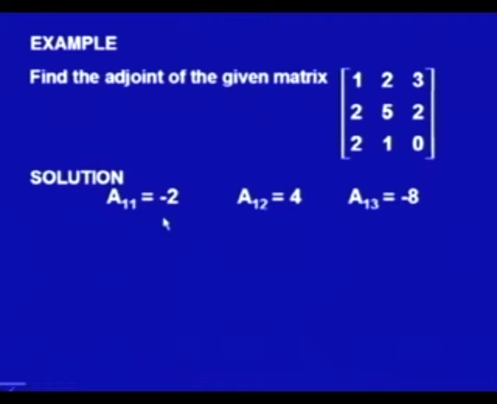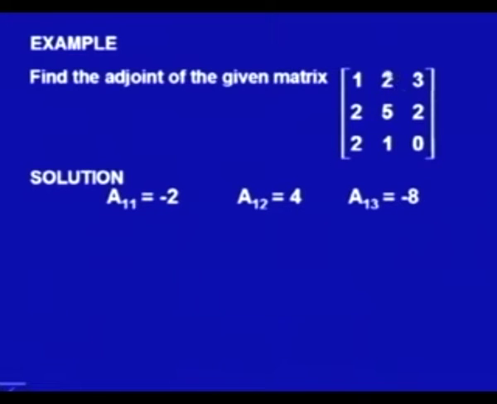I call A11 the cofactor of the first element in the first row and first column. This I obtain by neglecting this row and this column and forming the determinant of this submatrix. The determinant of this submatrix is 5 into 0 minus 2 into 1, that means minus 2. So, A11 comes out to be minus 2.